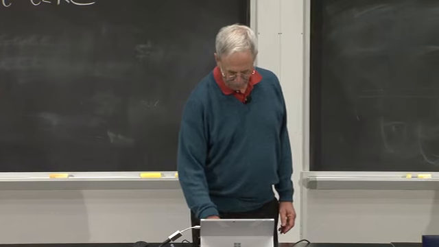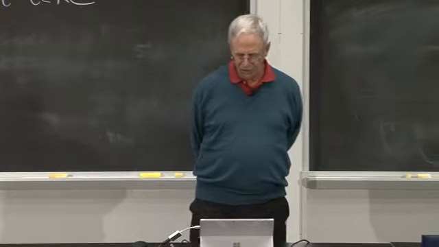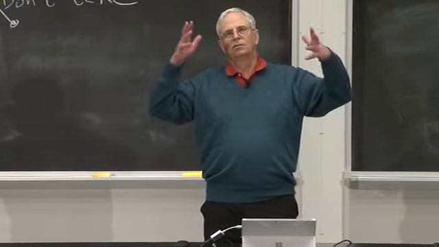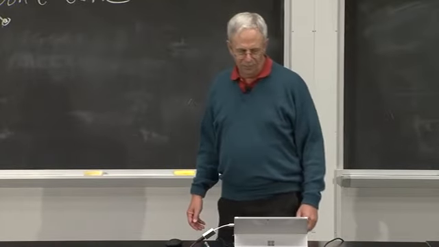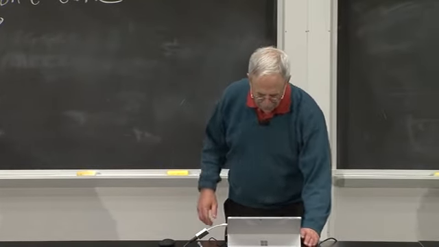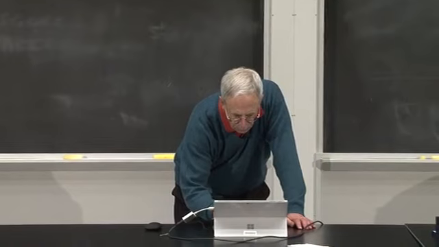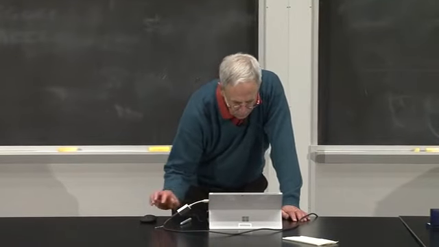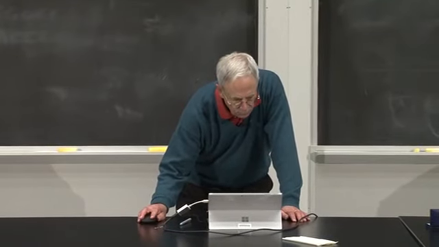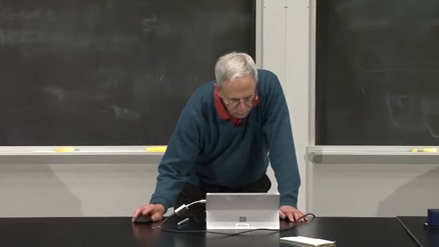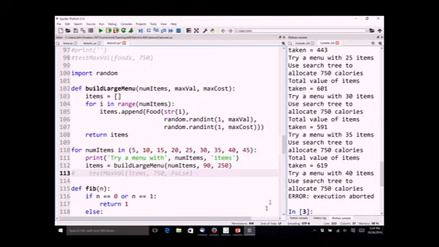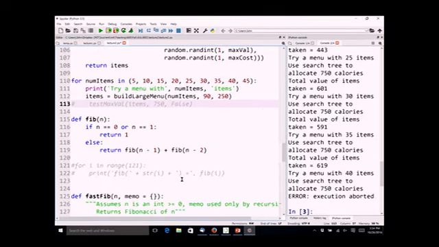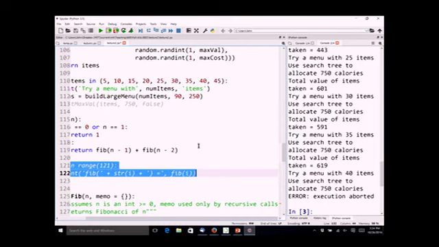So let's think about implementing it. If we run Fibonacci, well, maybe we'll just do that. So here's fib of n, and let's just try running it, and again, we'll test people's patience.